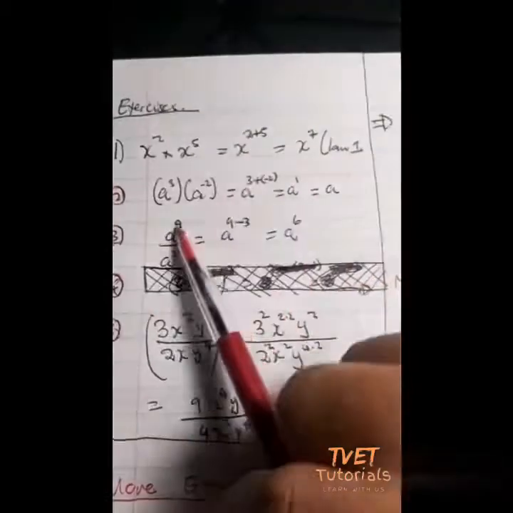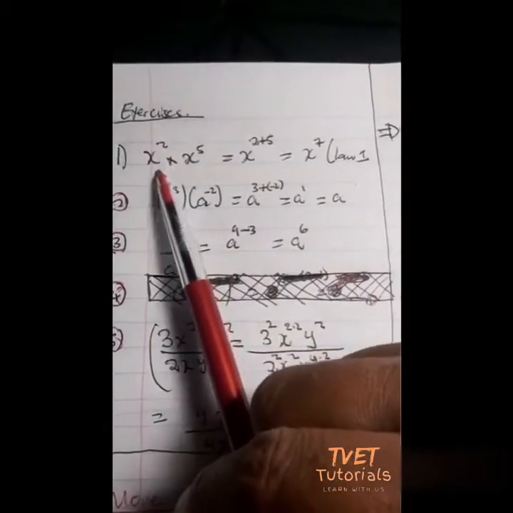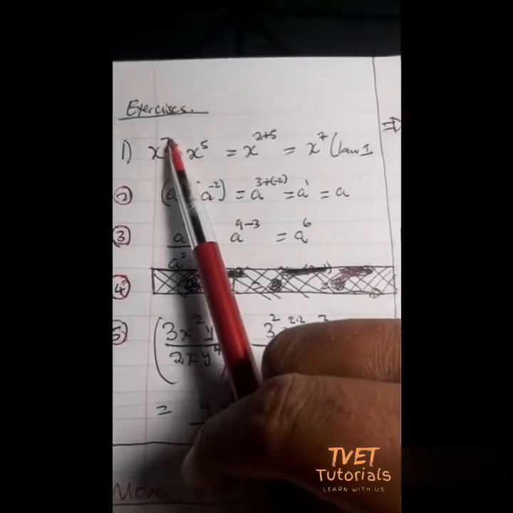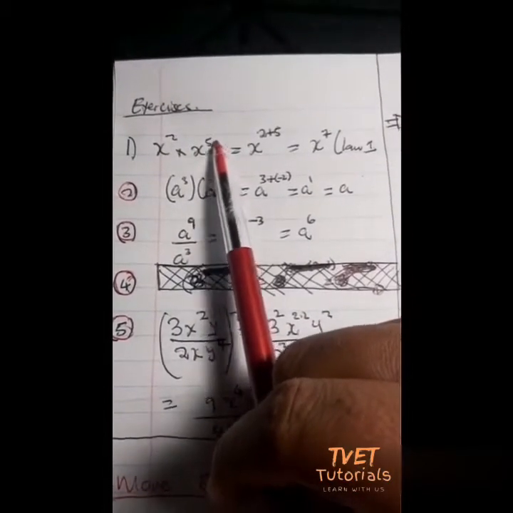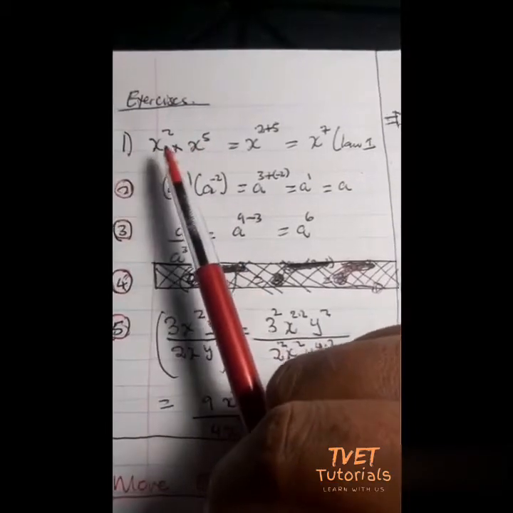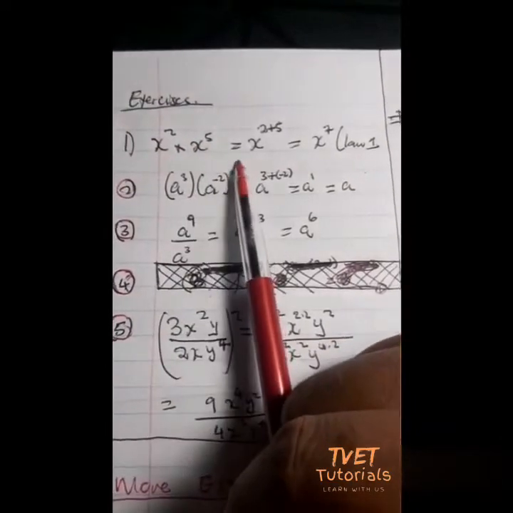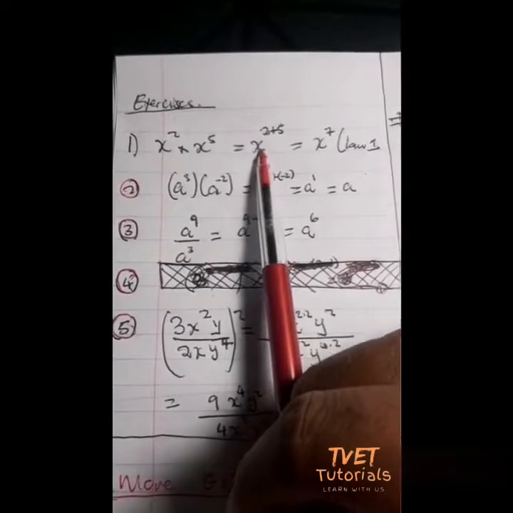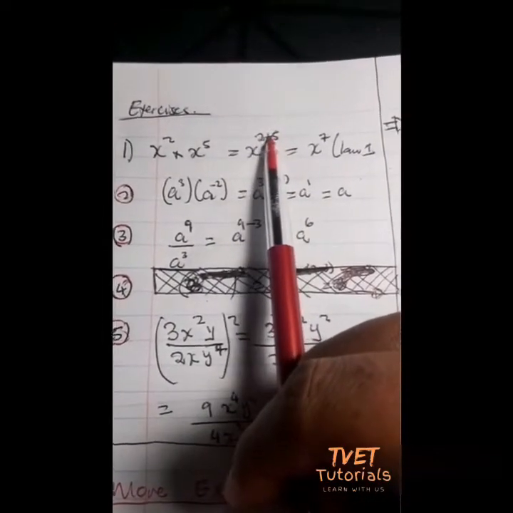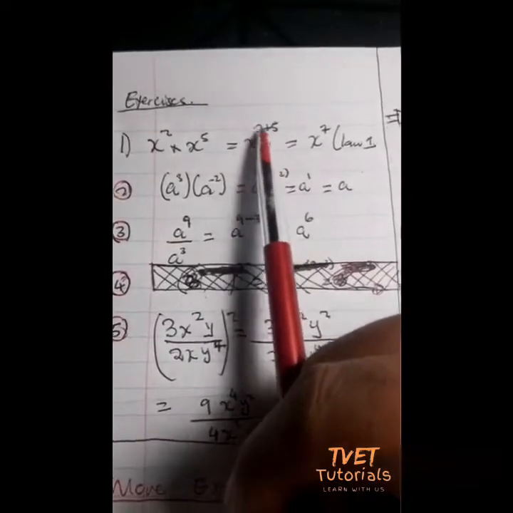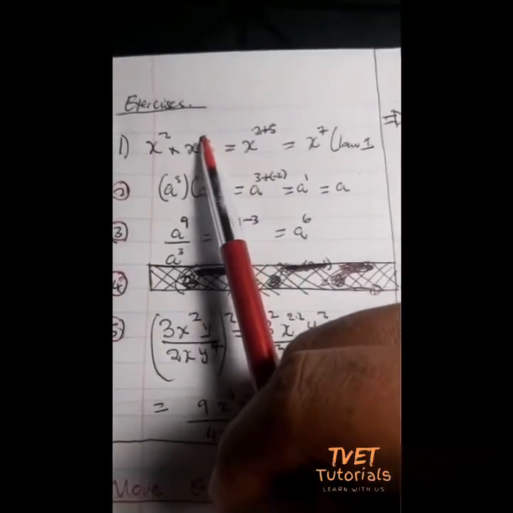If I am given an algebraic expression x to the power 2 multiplied by x to the power 5, and I have to simplify that, I can see that I have a common base, which is x, and then I can raise the common base to the sum of the exponents. So it would be x raised to the power 2 plus 5.